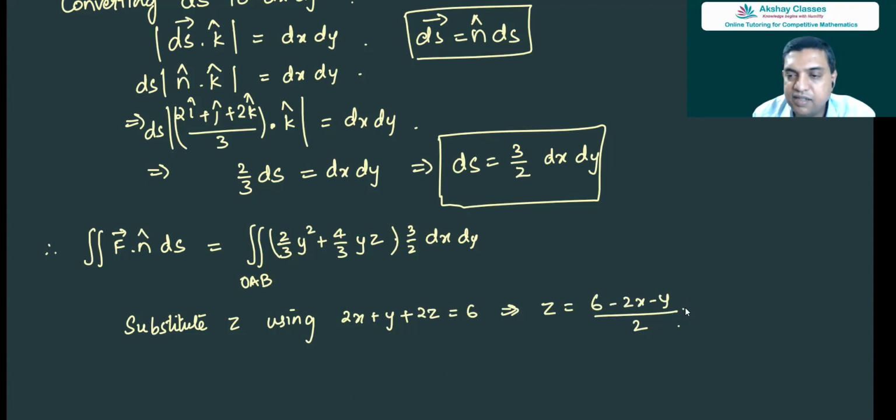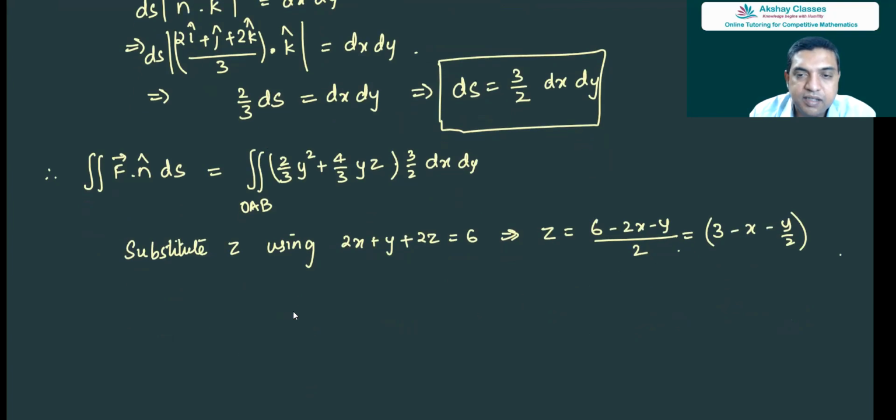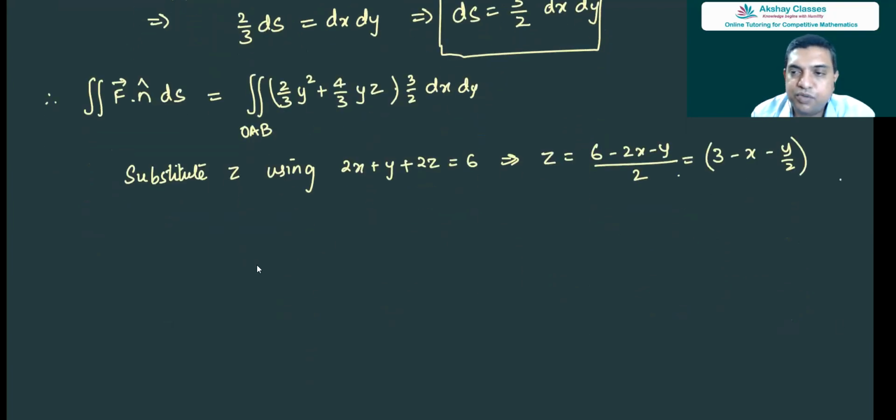So this is z, which is 3 minus x minus y upon 2. So let us first substitute that and see.